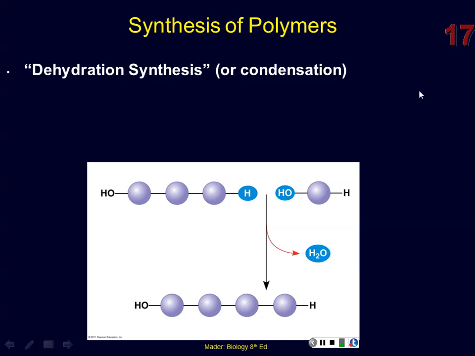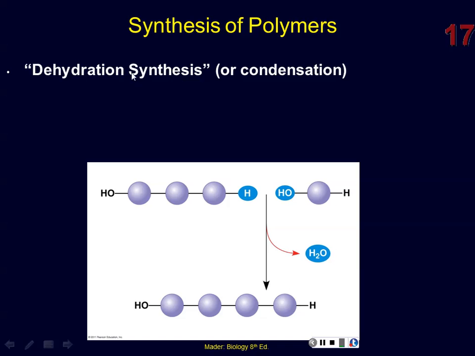Okay, now don't let those words intimidate you. Let's think about what those words mean. What does dehydration mean? If you dehydrate something, what does that mean? You're taking the water out. That's exactly right. Some books even call this condensation synthesis, which gives you the same connotation, that water is coming out.